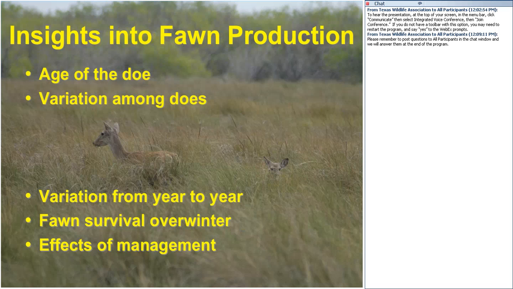All right, so that's kind of a background to give us a reason to be thinking about fawn production and maybe put it onto our radar screen. And what I'm going to spend the rest of the talk doing is going through some different aspects of fawn production, kind of patterns of fawn production that have come out through our research over the years here, and talk a little bit about the age of the doe and how that influences production, variation amongst does and their ability to recruit fawns, variation in fawn production from one year to the next, which we've got a little taste of just from that age structure graph, and anybody who's managed deer in Texas knows, that's not going to be news to you.